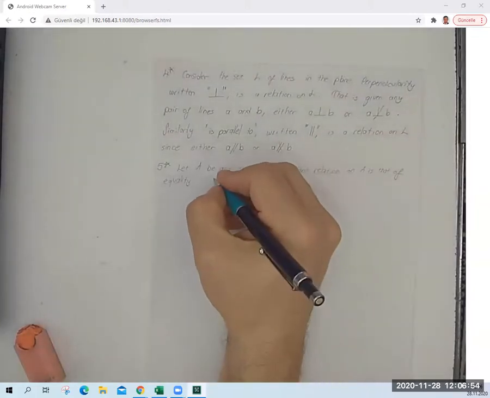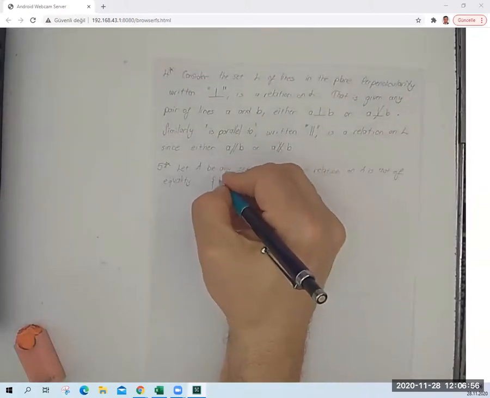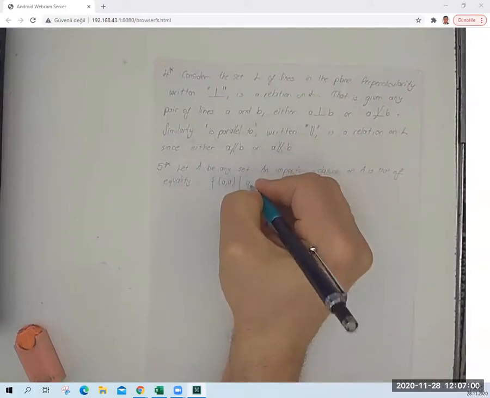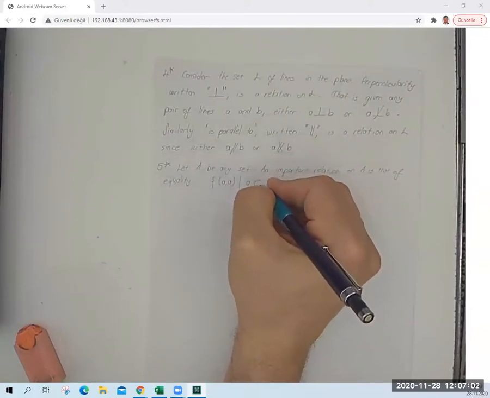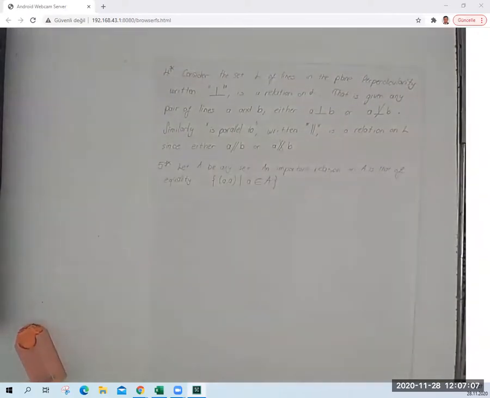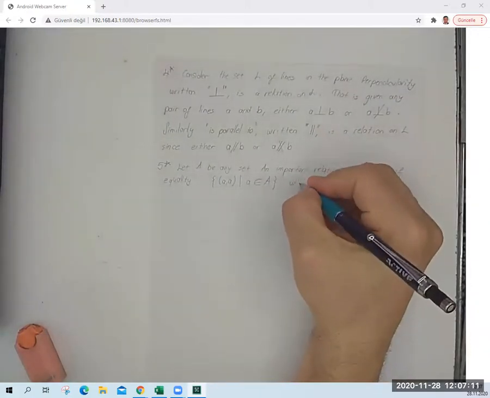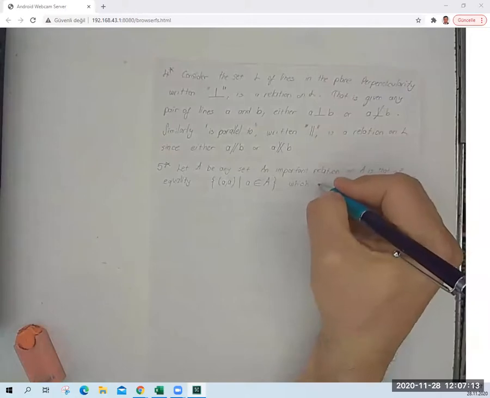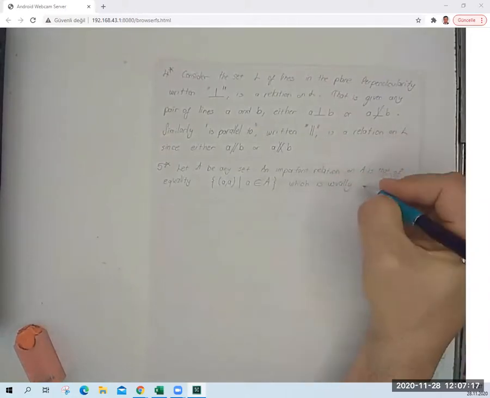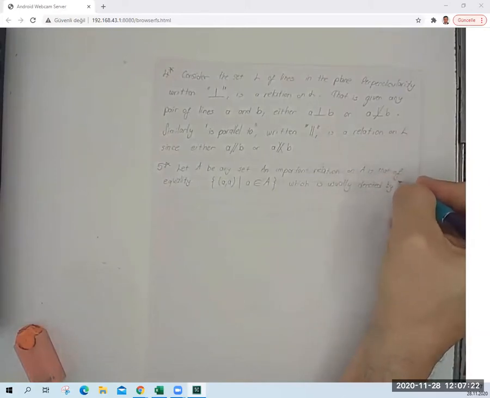A pair which is inside of that relation, each element should be a member of set A, which is of course denoted by the equal symbol.